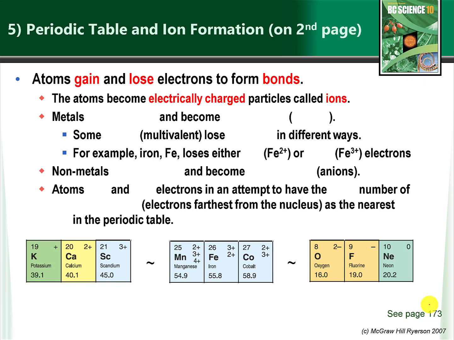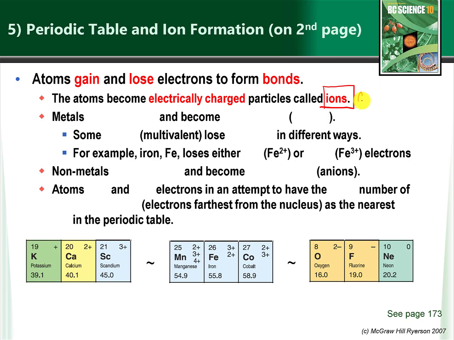When they lose an electron or gain an electron, they don't have an equal number of protons and electrons. The protons they don't lose. So if they gain an electron, they have more electrons, and therefore they become negatively charged. And when something doesn't have the same number of protons and electrons, they're called ions.